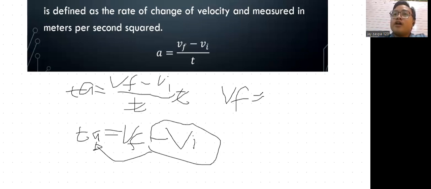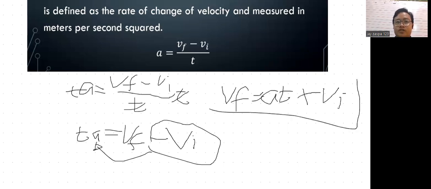Then, since this becomes positive when you transfer it to the other side, you put plus velocity initial. And that's your formula: velocity final equals acceleration times time plus velocity initial. This is the formula that you're using.